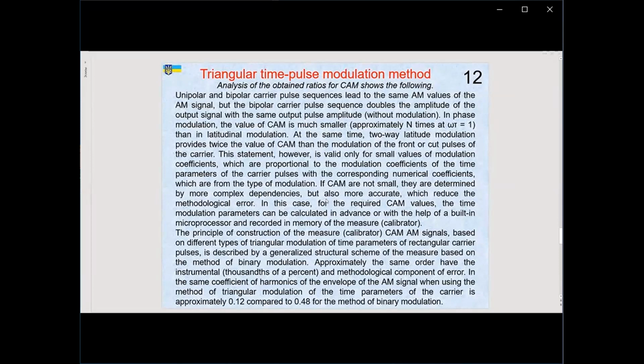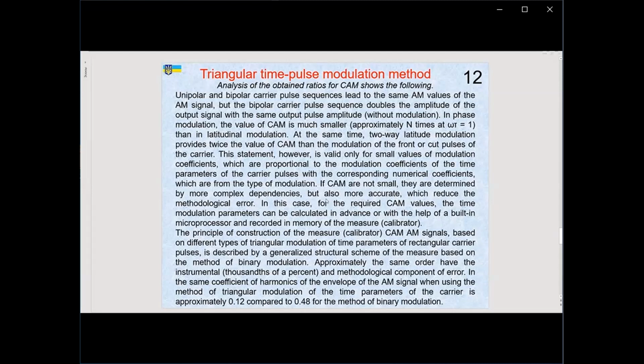In phase modulation, the value of the CAM is much smaller. Then, in two-way latissian modulation, at the same time, it provides twice the value of the CAM.